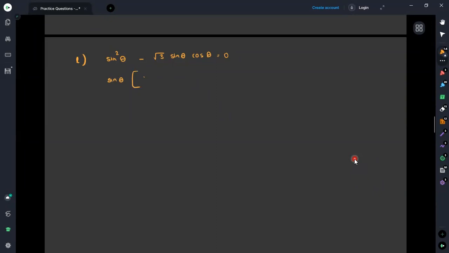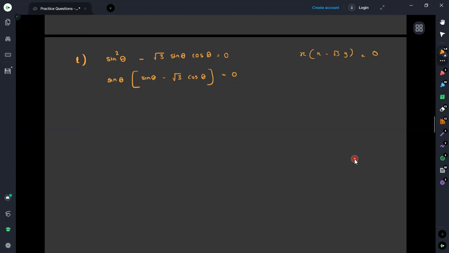The remaining would be sine theta minus root 3 times cosine theta equals 0. Suppose sine theta is x and cos theta is y, then it is given as x times (x minus root 3 times y) equals 0. Using the technique of factorizing, we have identified two factors.